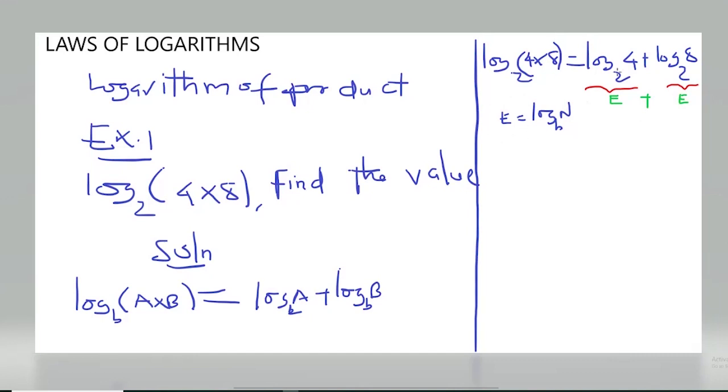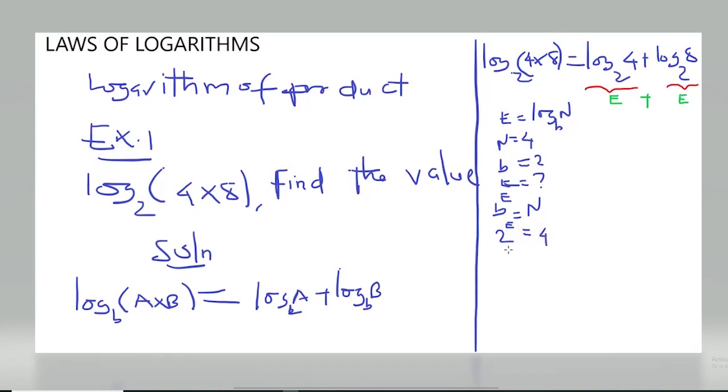Now from the first expression, logarithm of 4 base 2, you are given a number 4 with a base of 2, and the exponent we don't have, and this is what exactly you're looking for. The general exponential format says base power exponent is equal to number. Base is 2 and the exponent is what we are looking for, equal to number, which is 4.